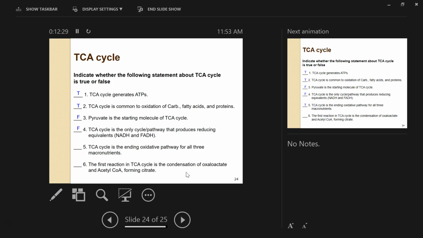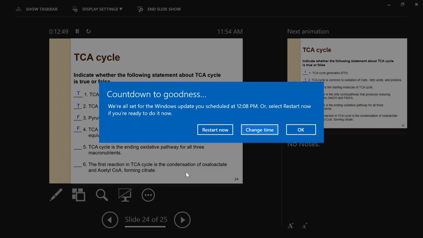Yes. So, 5. The TCA cycle is the ending oxidative pathway for all 3 macronutrients. True. How many of you think this is true? Not many. So the rest of you think it's false, right?